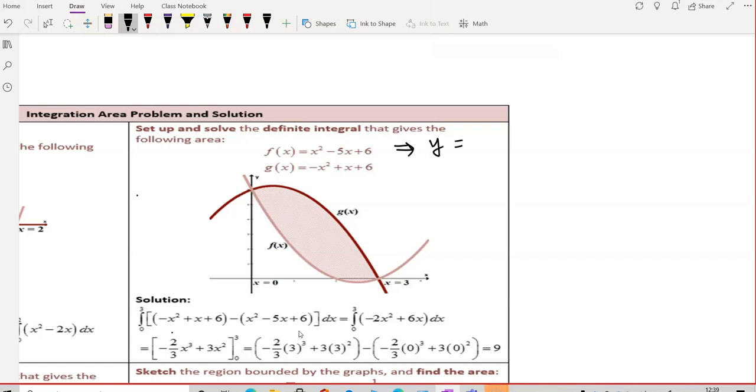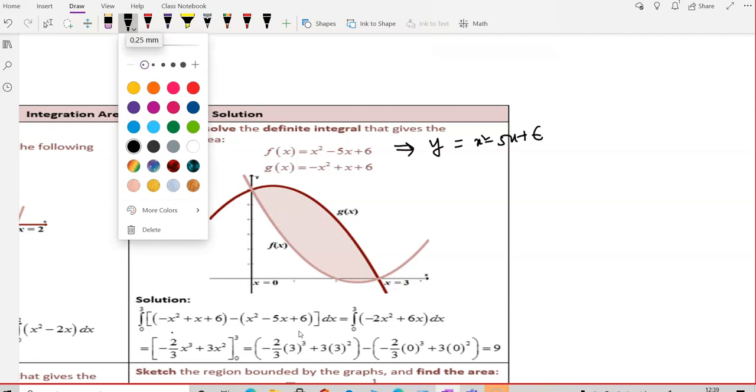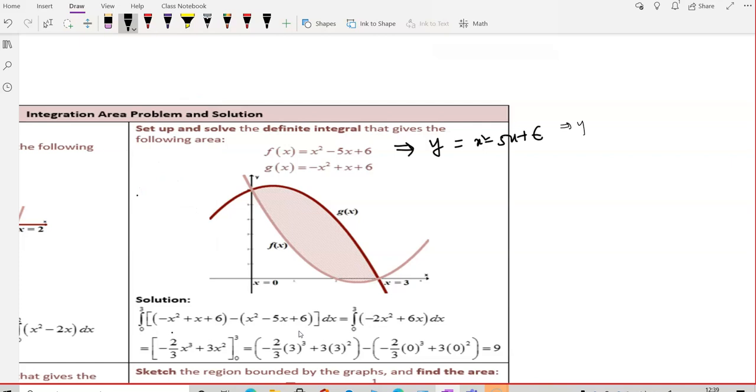This is y equal to x square minus 5x plus 6. This you can write in the form y equal to x minus 5 by 2 whole square plus 6 minus 25 by 4. So y equal to x minus 5 by 2 whole square minus 1 by 4.